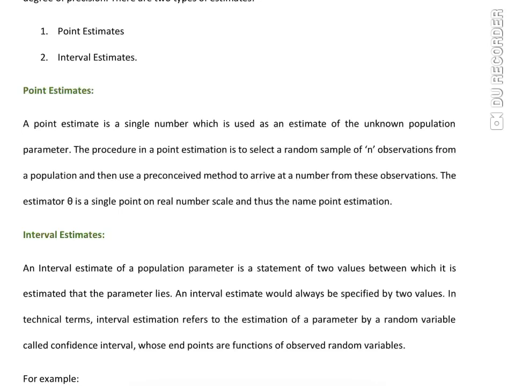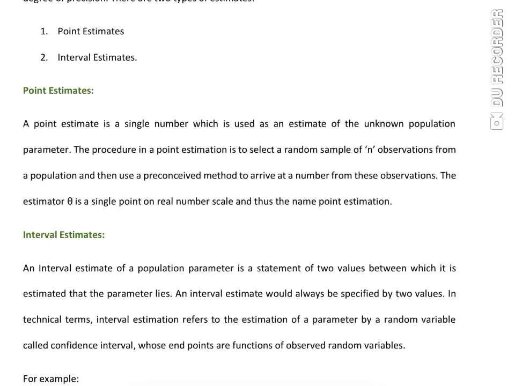Now we have two important terms here. One is estimator and the other one is the estimate. So estimate is the value, a number. Estimator is the method through which we have arrived at that number. Now for example, if I say mean is equal to 5, mean is the method, so that is the estimator of the data, and 5 is the estimate that we have got by using that method.